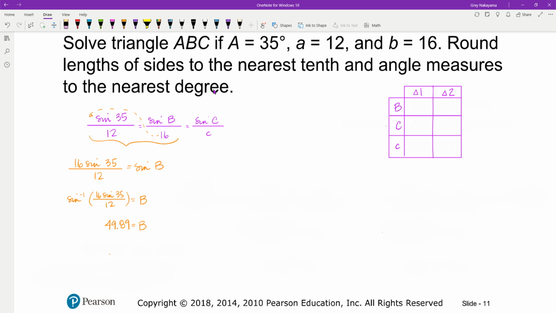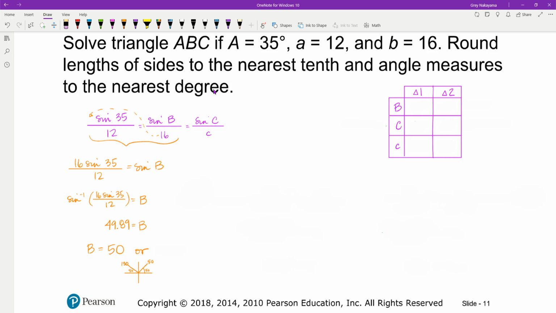So you know that B is equal to 50, but remember that the sine is positive in two quadrants. So this angle is 50 and the other angle, I know, is 130 because it's 50 before 180.